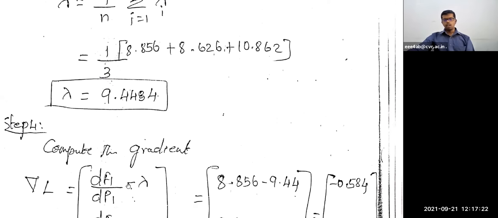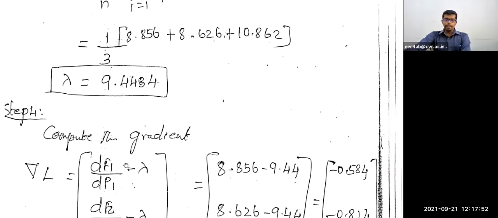Sometimes if you take lambda 1 naught minus lambda and substitute 9.44384, the answer will sometimes come negative, sometimes you need to round up, and you will make careless mistakes. So better take df1 divided by dp1 itself for easy understanding.